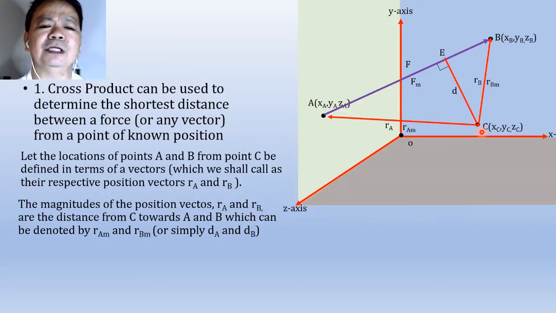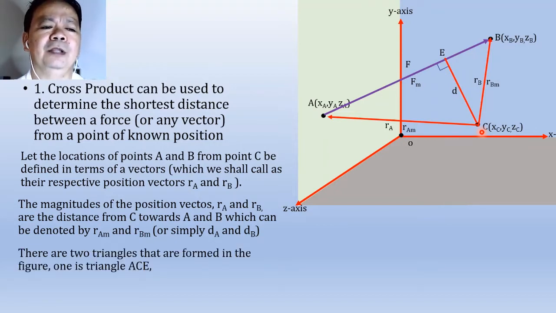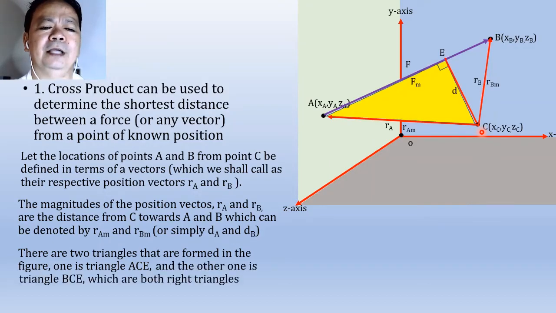Now you will notice that after presenting the position vectors, there are two triangles formed in the figure. One of the triangles is the triangle ACE as shown by this yellow colored triangle, and the other one is the triangle BCE as shown by this green colored triangle.